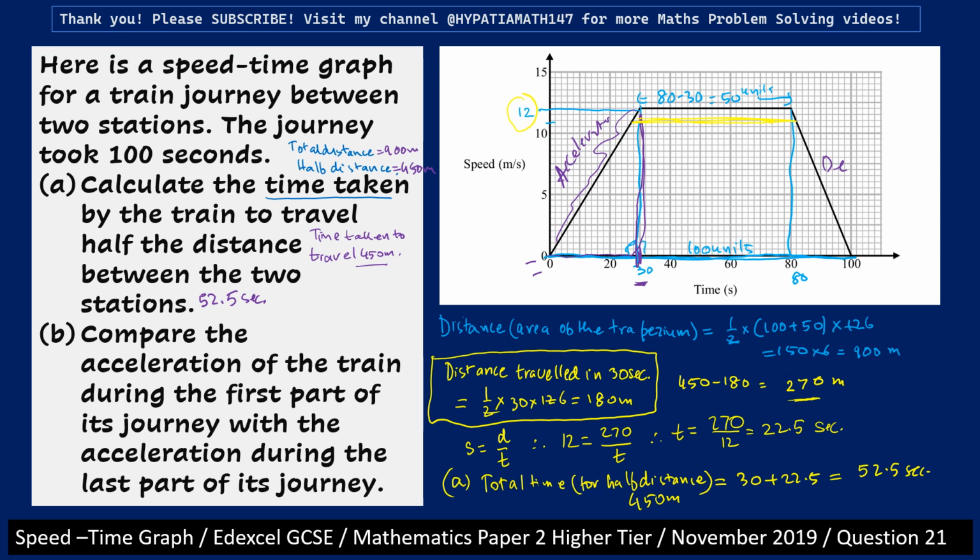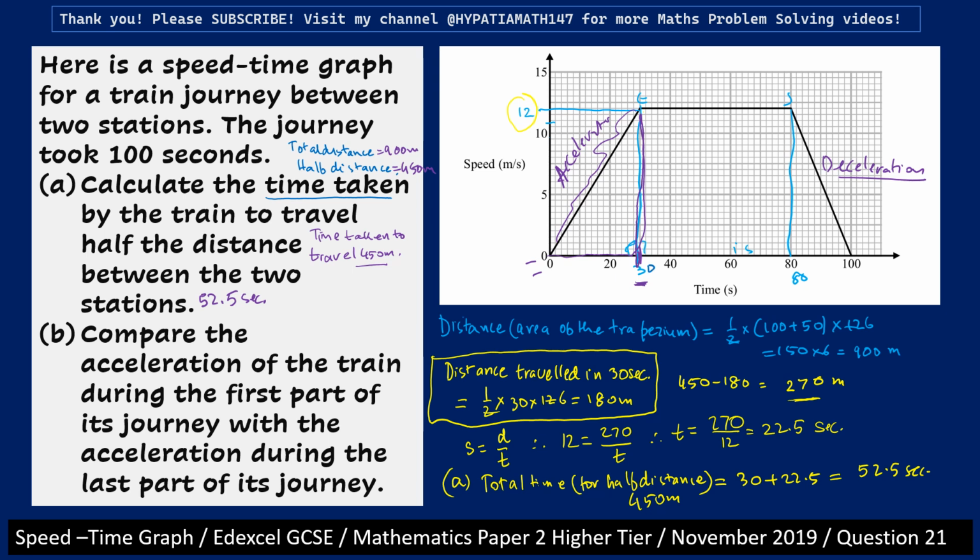Speed is increasing, speed is decreasing. Now we could find exactly by how much it is accelerating and by how much it is decelerating, so we can do all that.